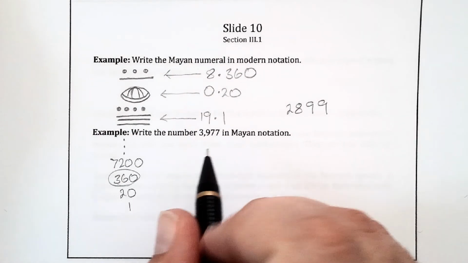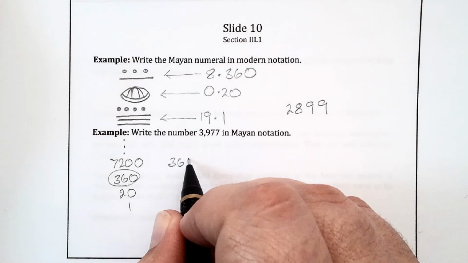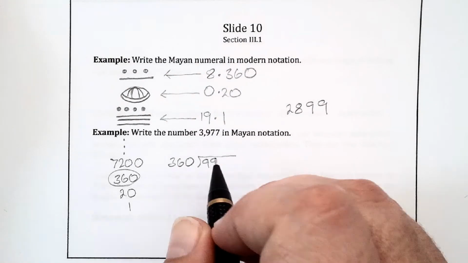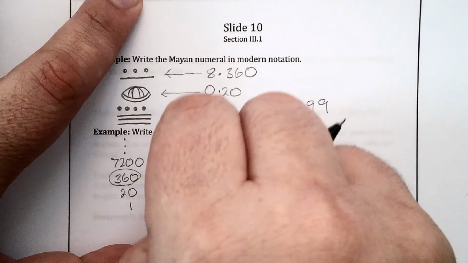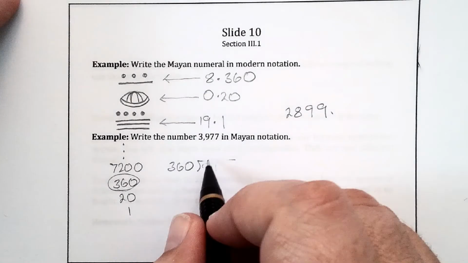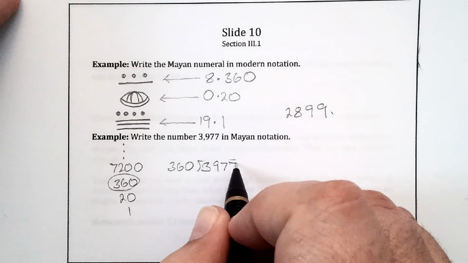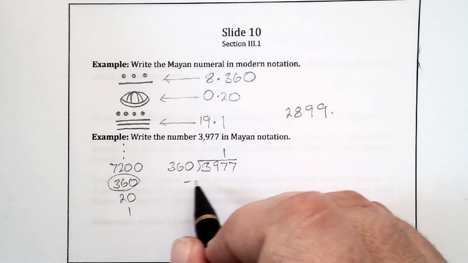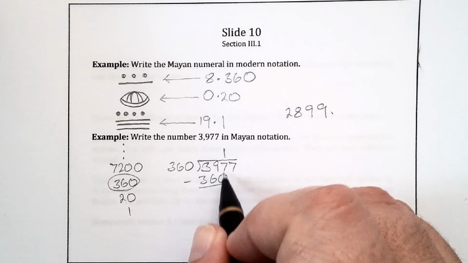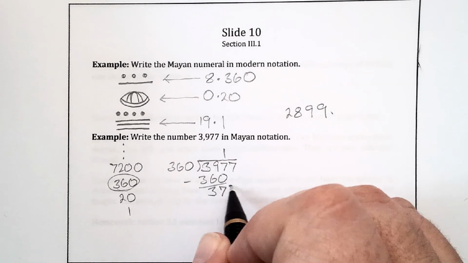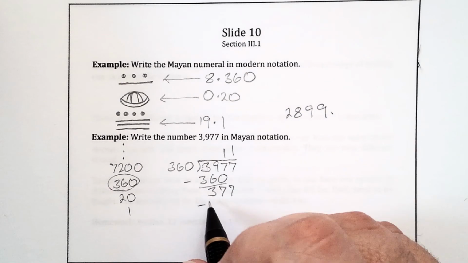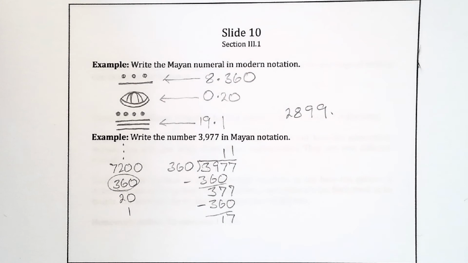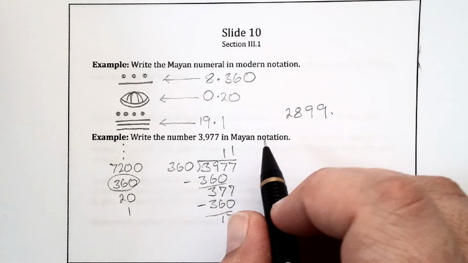So I divide 360 into here. So I get 11 360s.